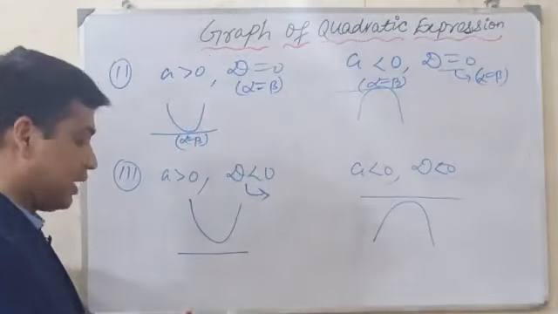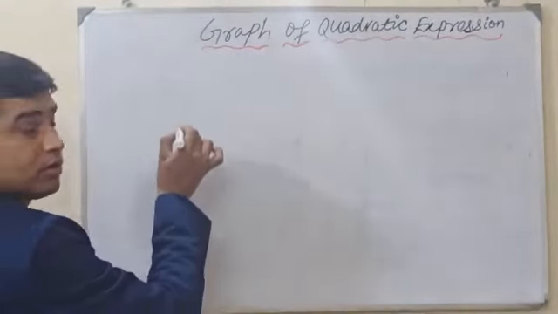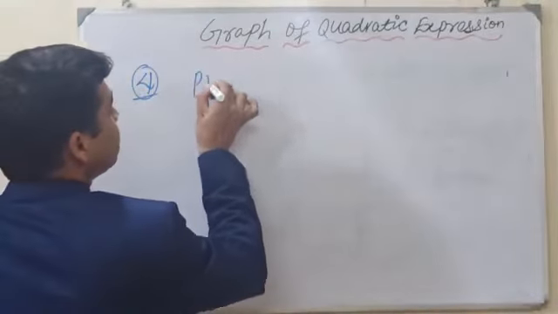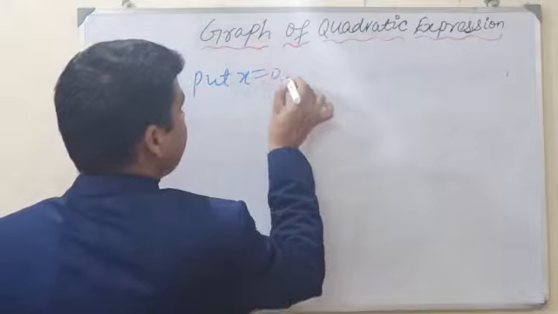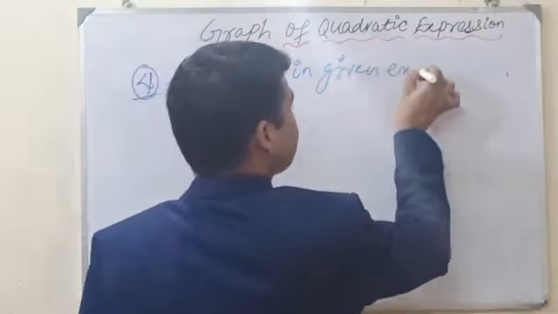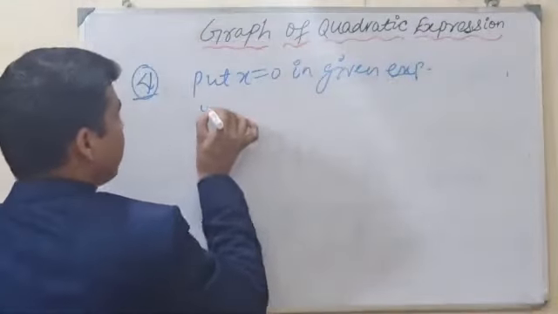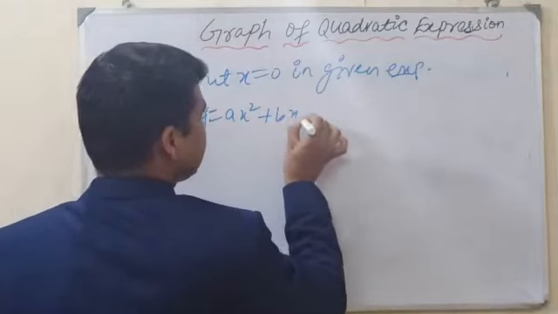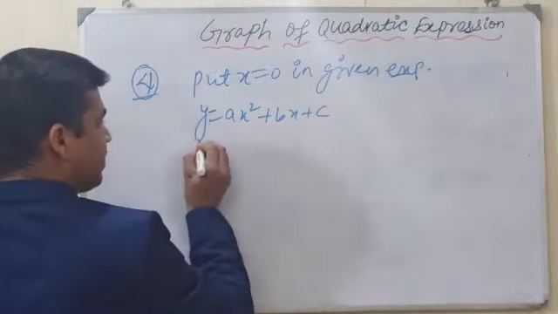And the fourth condition is: put x equals 0 in the given expression. Our expression is y equals ax square plus bx plus c. If you put x equals 0 here, what will you get?